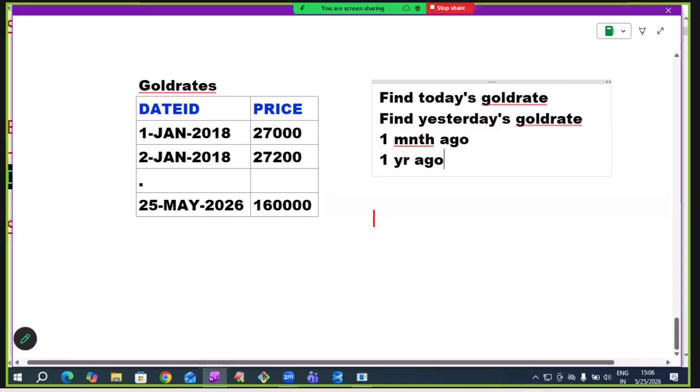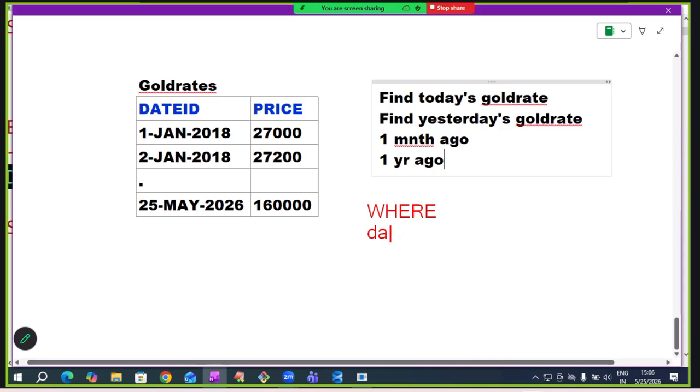Here, what do we need to write now? Where, what do we need to write, sir? Can we write like this, date ID equals sysdate? No, because date also contains time. Maybe the record was inserted in the morning and you are comparing it in the afternoon, so the time values are different.